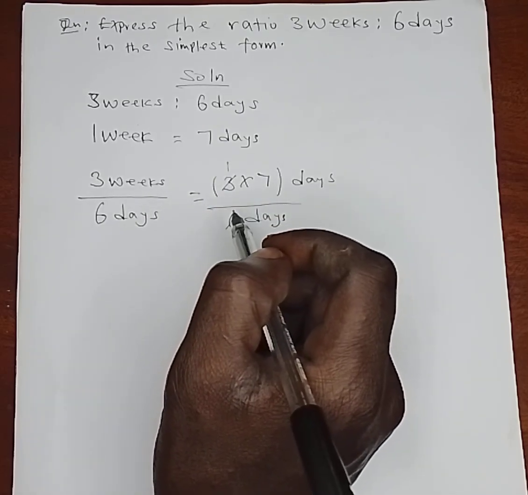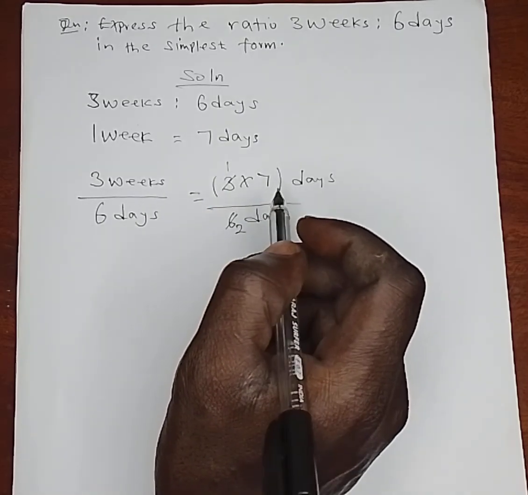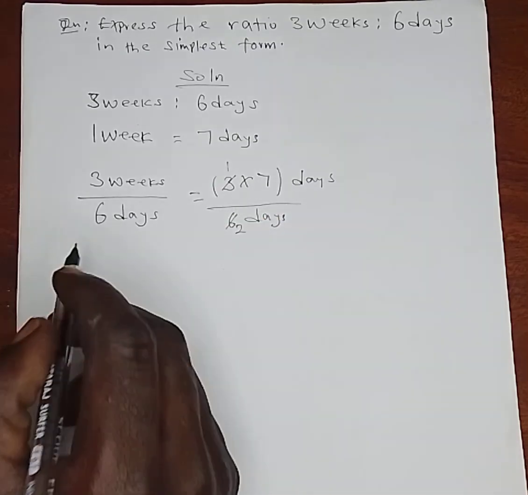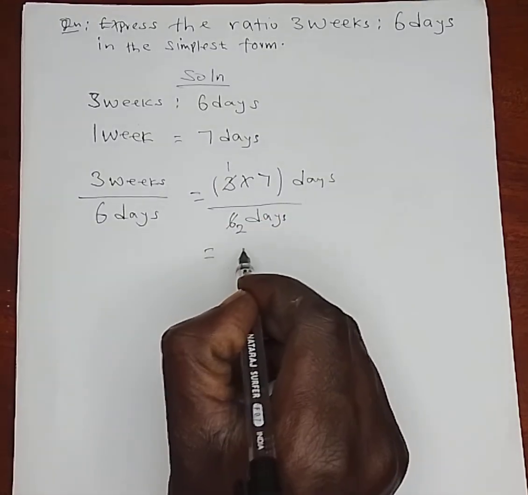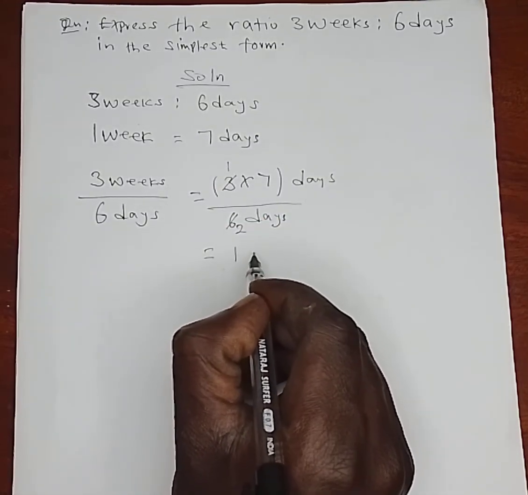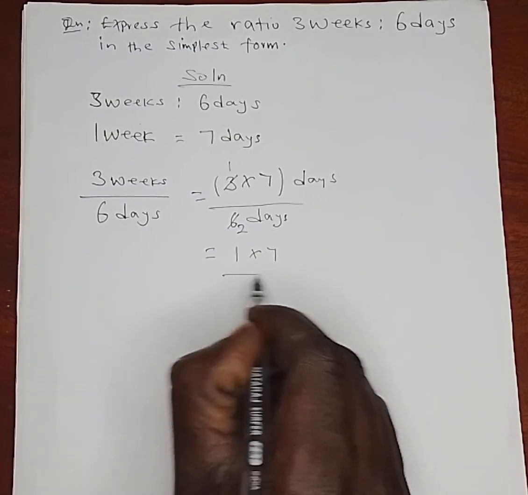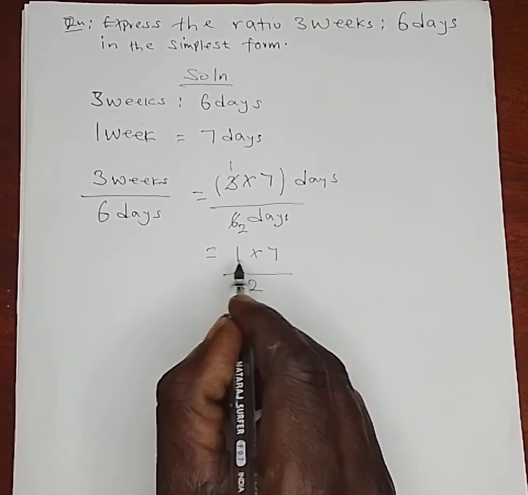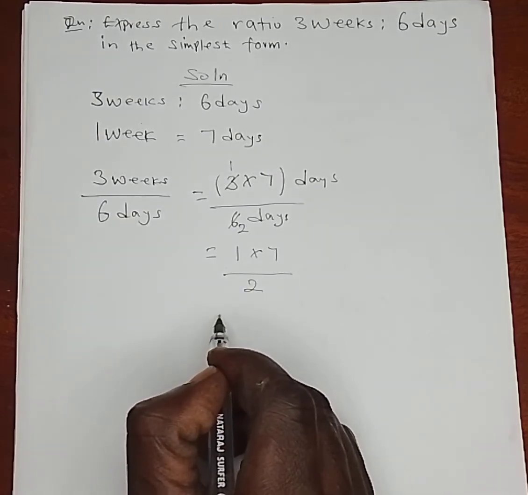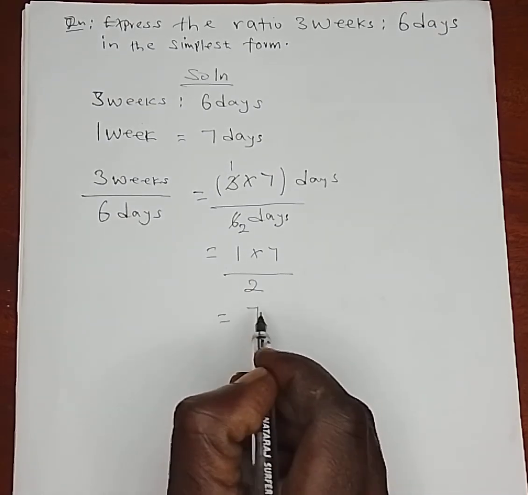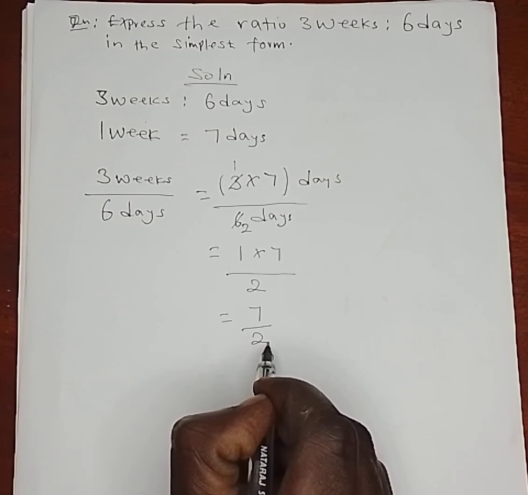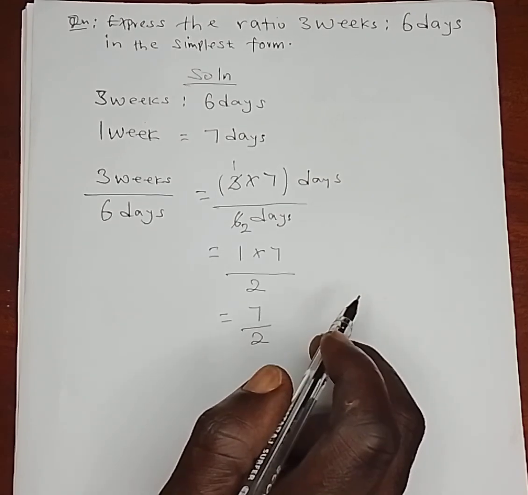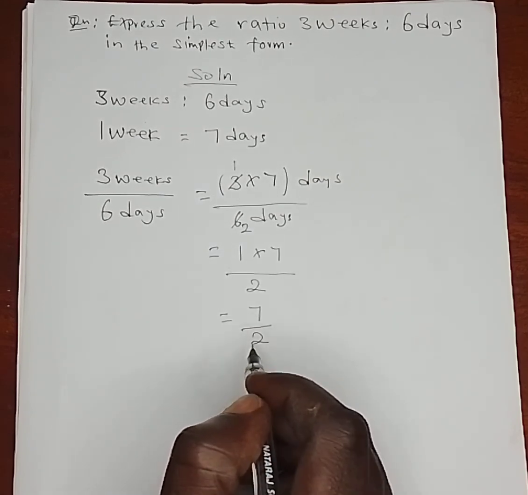So now we have 1 times 7 out of 2. So 1 times 7 remains as 7. Now 7 divided by 2. So we've finished putting it in the simplest form.